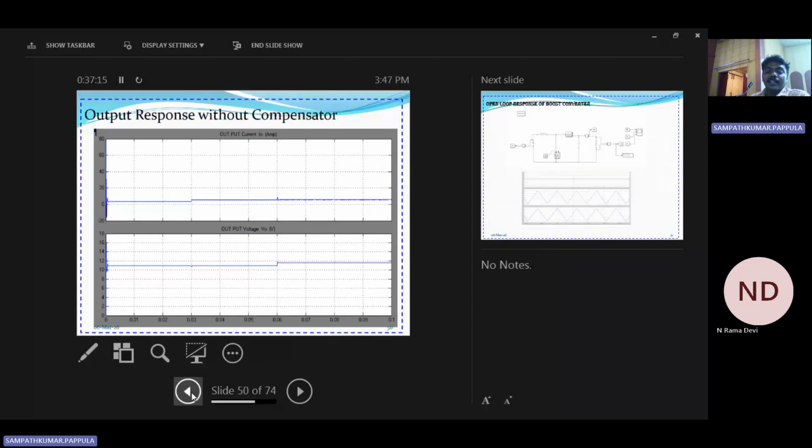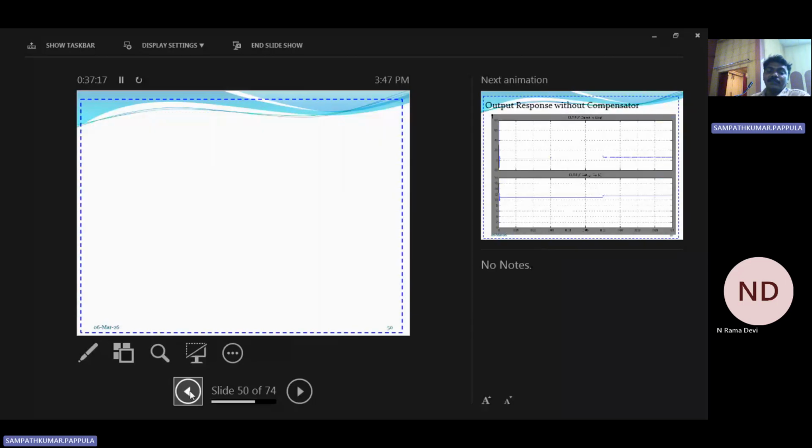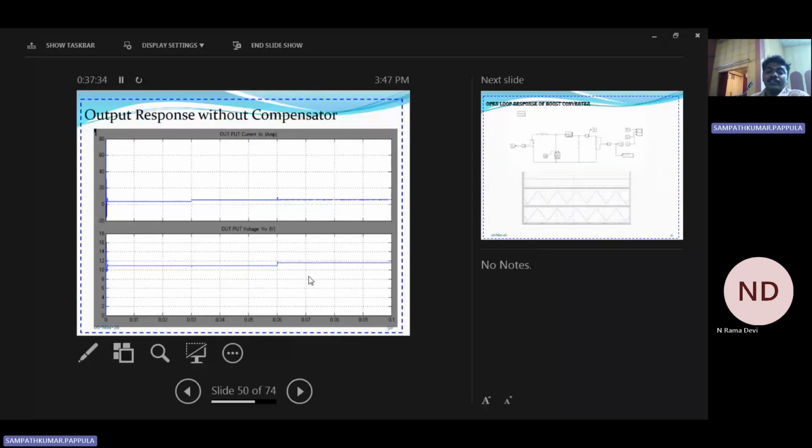And at the time of parameter calculation, at present we are designing, for example, if you calculate the inductor as 5 microhenry and capacitor as 100 microfarads today, but after some years, if you use the same circuit, due to the aging effect those values may vary. That's why you may get variation in the output voltage, even though you calculated the parameters based upon the required values.